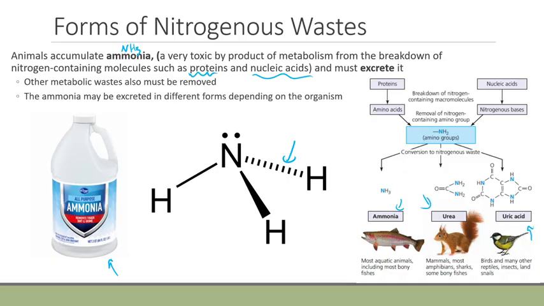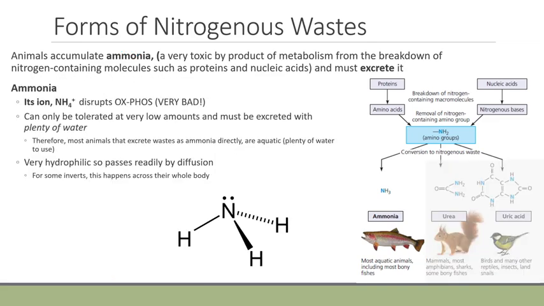So, why in particular is it really bad? Well, to answer that, we're going to talk about the first group that does actually just secrete it as ammonia. The problem with ammonia is often its ion, ammonium, NH4+.